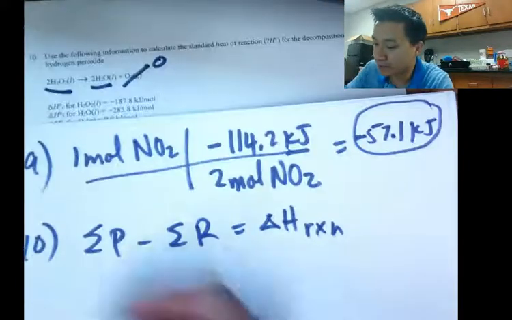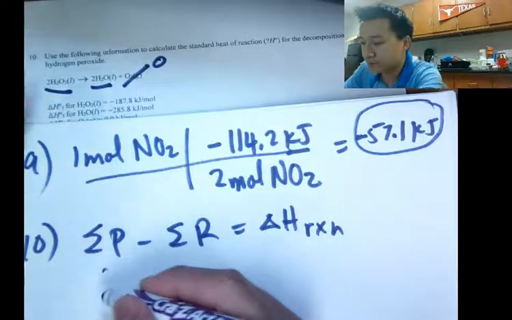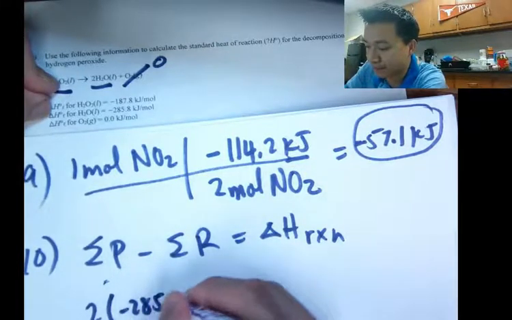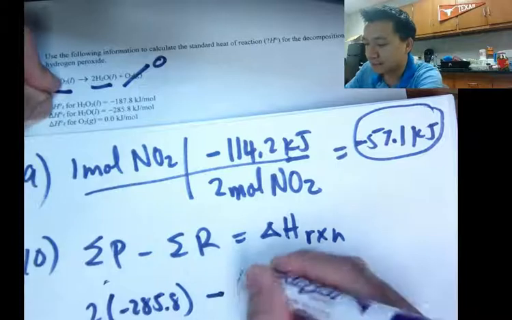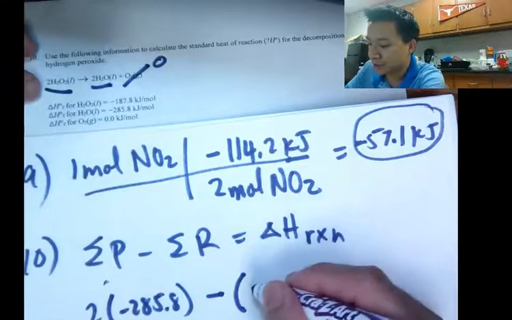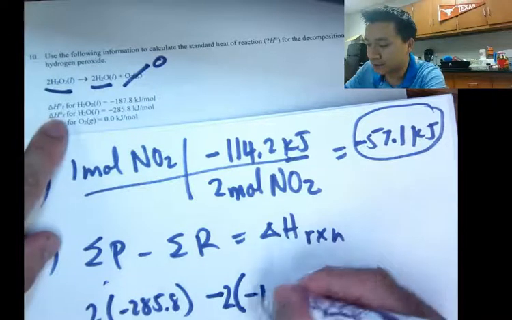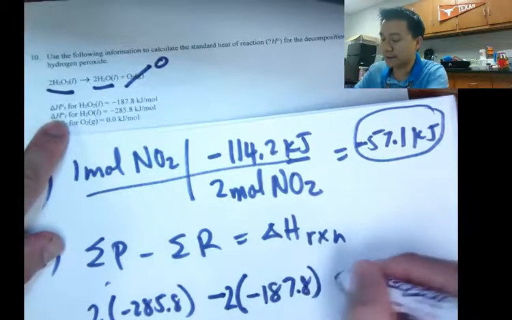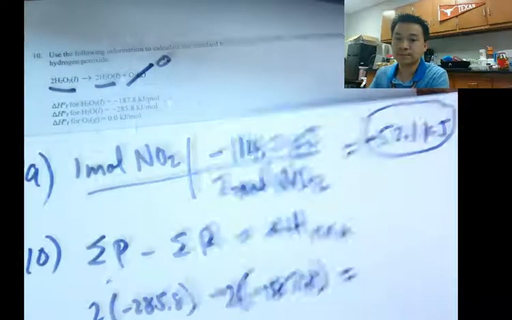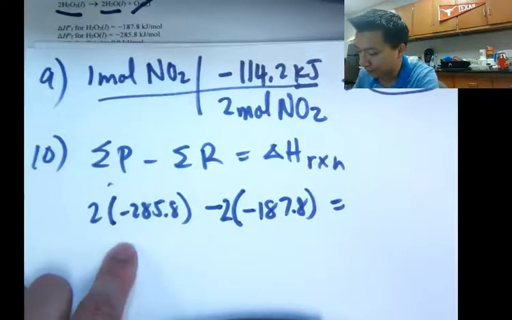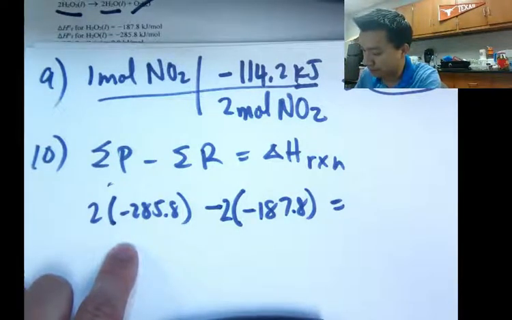So the product is 2H2O. H2O is 2 times negative 285.8, minus the reactant, which is 2 times H2O2, which is negative 187.8. Okay? So do that: 2 times negative 285.8 minus 2 times negative 187.8.